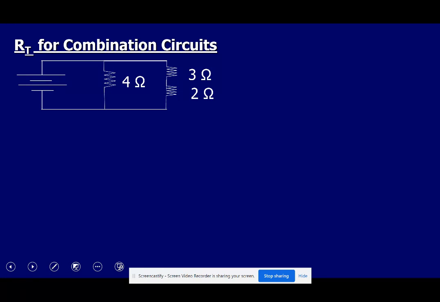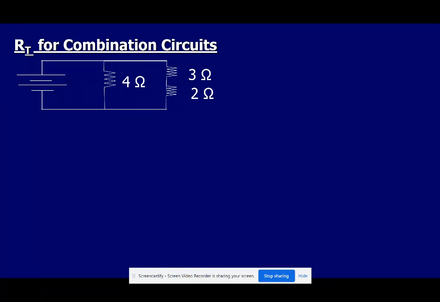Okay, so that one's a little trickier, takes a little bit of practice. But finally, we work our way up to this. Total resistance, equivalent resistance for resistors in combination. Remember, combination circuits have some parts in parallel and some parts in series. These things usually flow pretty well as long as you can identify where to start, right?